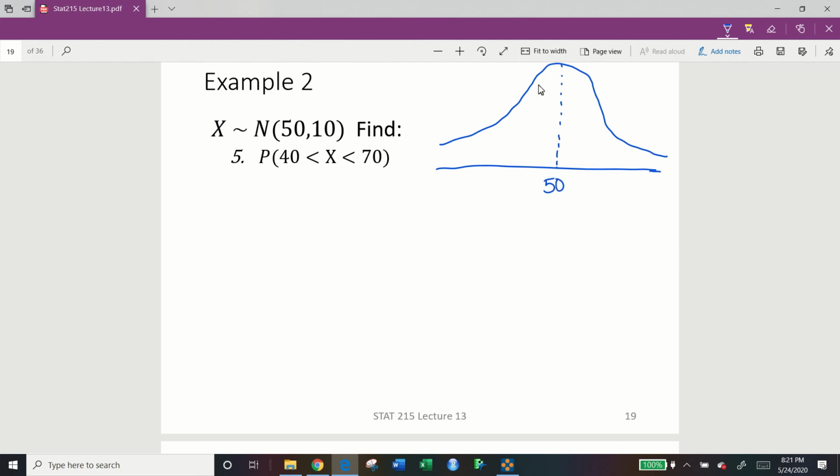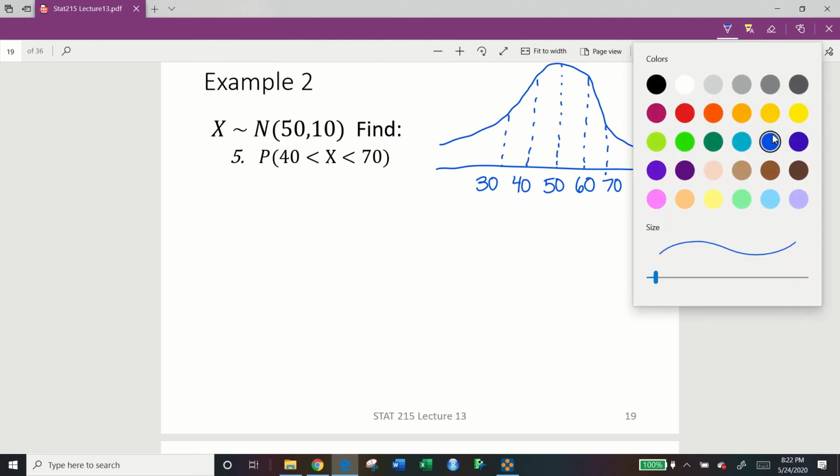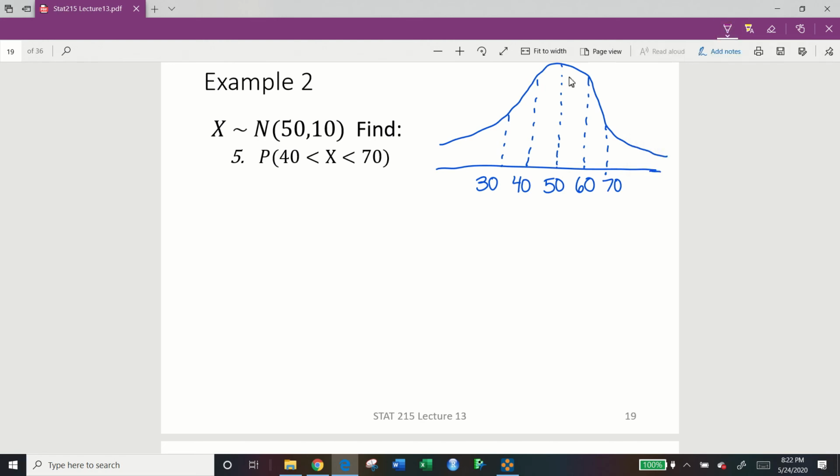50 in the center, one standard deviation to the left, one standard deviation to the right. We've got 40 and 60. And now we have two standard deviations, which becomes 30 and 70. So we know theoretically we want this area under the curve.